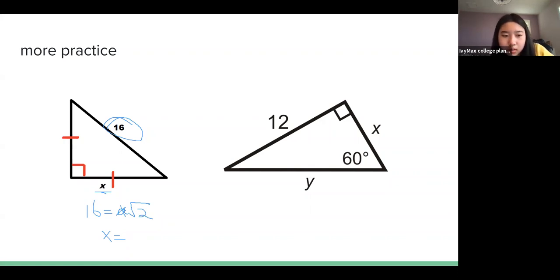And then you divide by root 2 on this side, and you should get 16 over root 2 at the end.